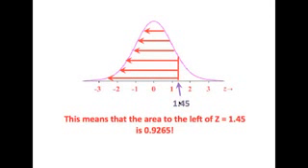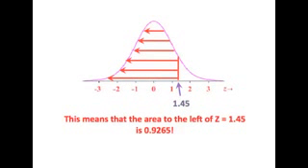We've done well. We now know that if we take a z-score of 1.45 and locate it, we would go to the positive table, find the area first for 1.4, then look across to 0.05, and we have a value for 1.45 of 0.9265. That means that this area out of an entire area of 1 is 0.9265.